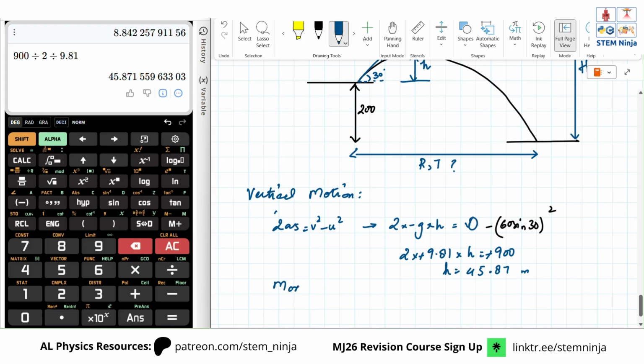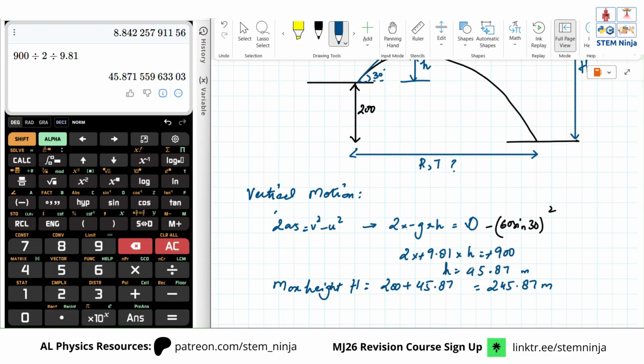So max height h would be 200 plus 45.87. This would be 245.87 meters. Whether you round it to three significant figures or not, right now we are not focusing on that.